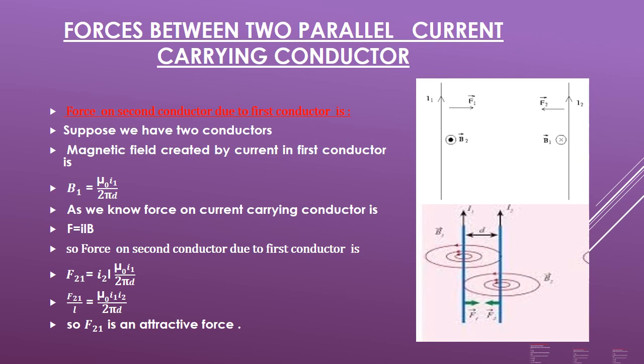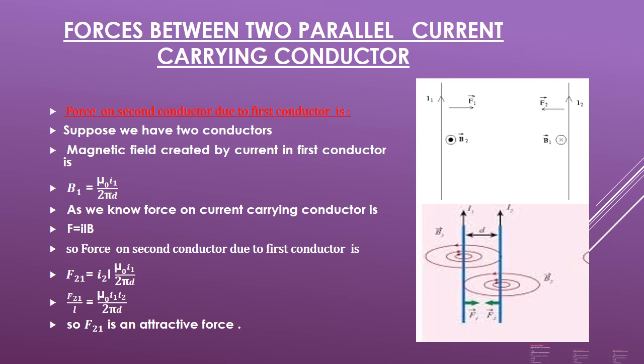Now the conductor 2 carrying current I2 is lying in the magnetic field which has magnetic field strength given by B1 equals mu naught I1 upon 2 pi D. Now what is the force? Force on conductor 2 due to conductor 1 is F21 equals I2 L B1.